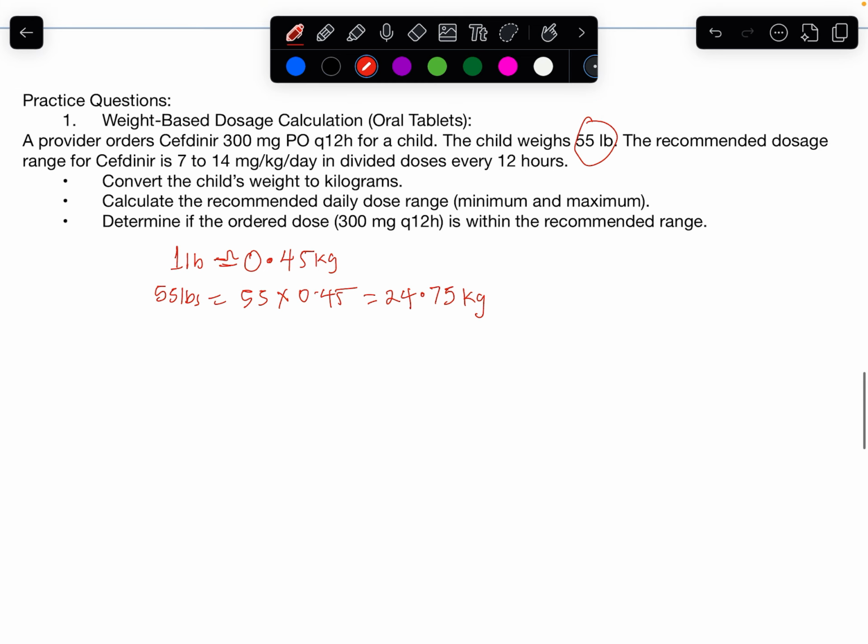Now it says calculate the recommended daily dose range, minimum and maximum. The recommended dosage is 7 to 14 milligram per kilogram per day. 7 is the minimum and 14 is the maximum.